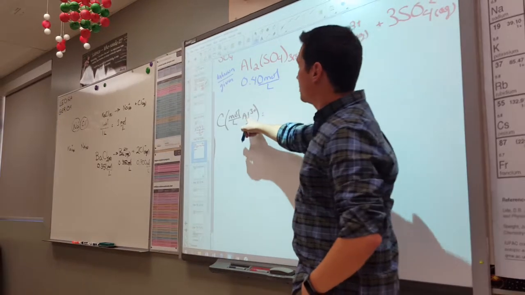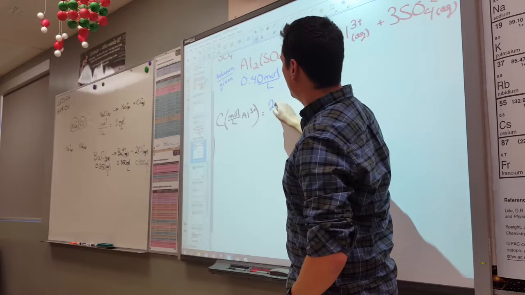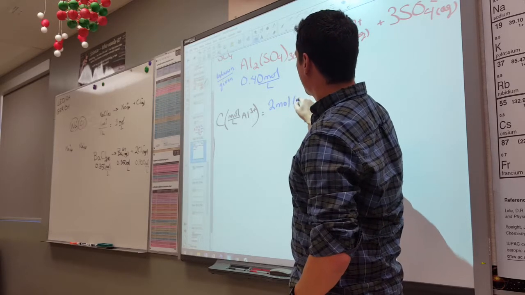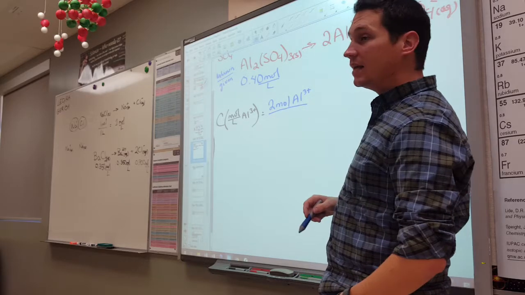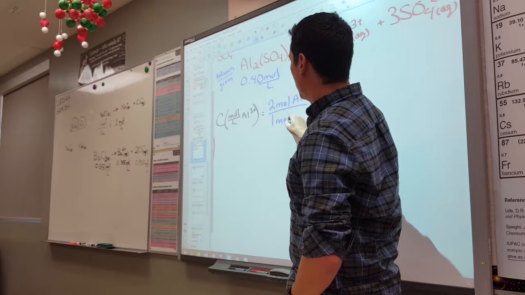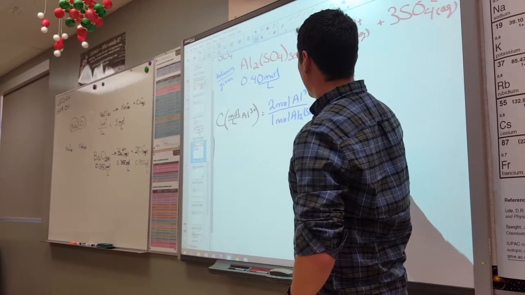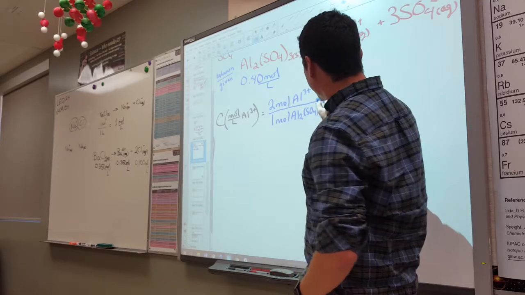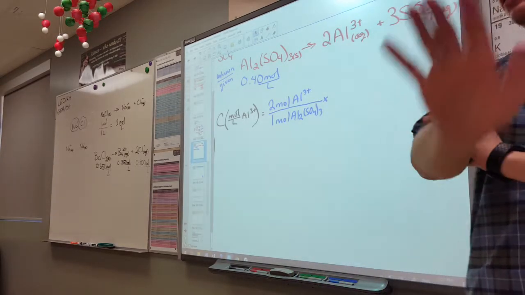So the unknown substance is our aluminum. That means 2 moles of aluminum ions will be made for every 1 mole of Al2(SO4)3.